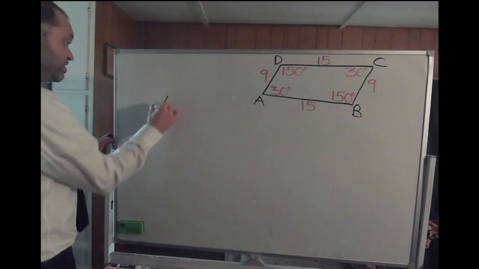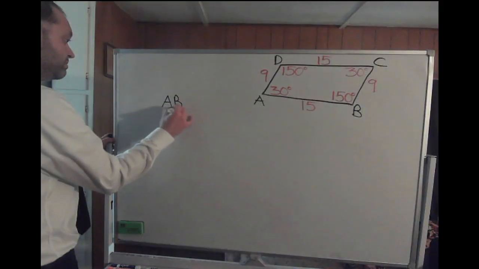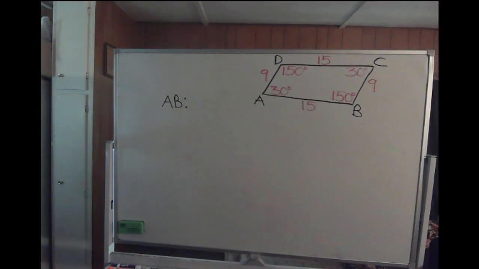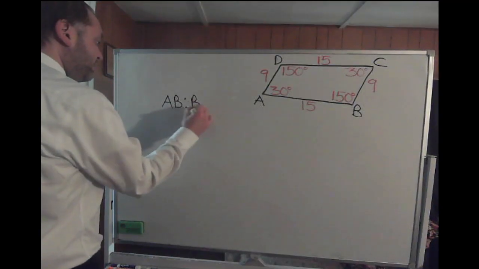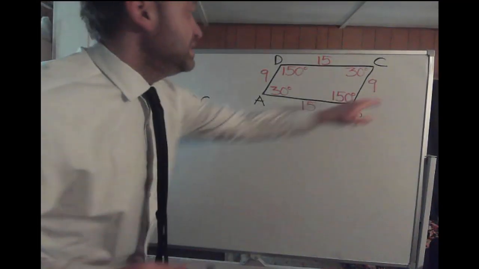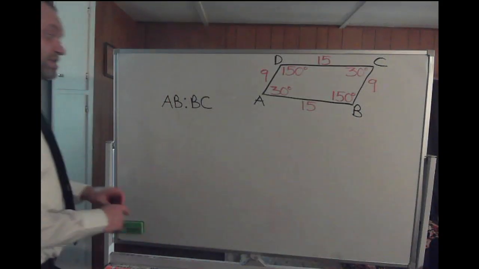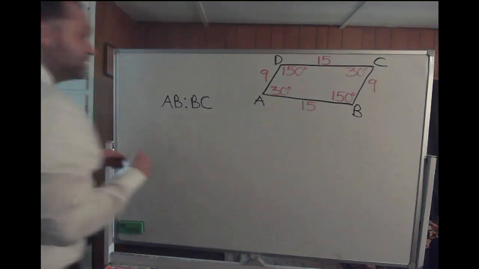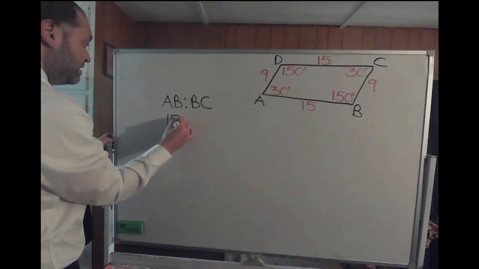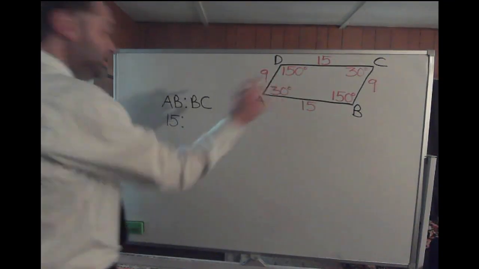First is the ratio of AB to BC. We want to find the ratio of the length of AB to BC. So all we need to do now is put in their respective lengths. AB has a length of 15, right? BC has a length of 9.